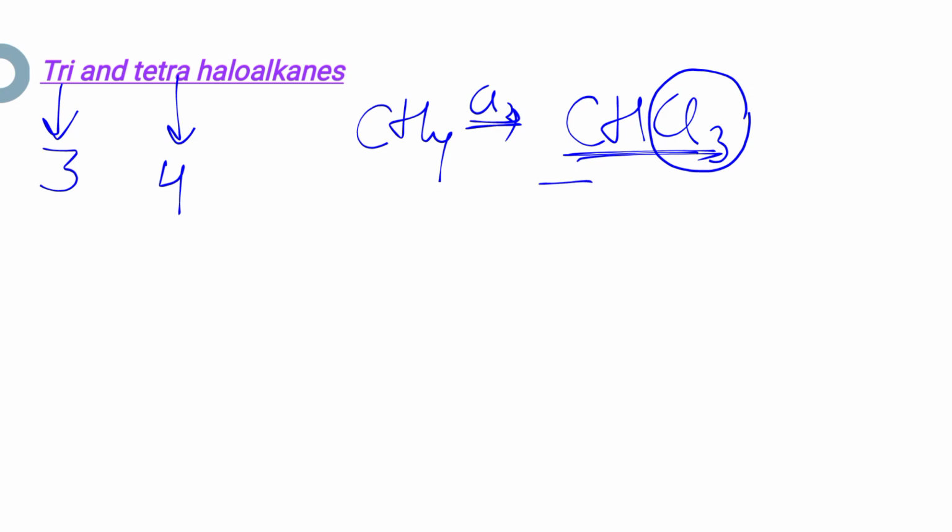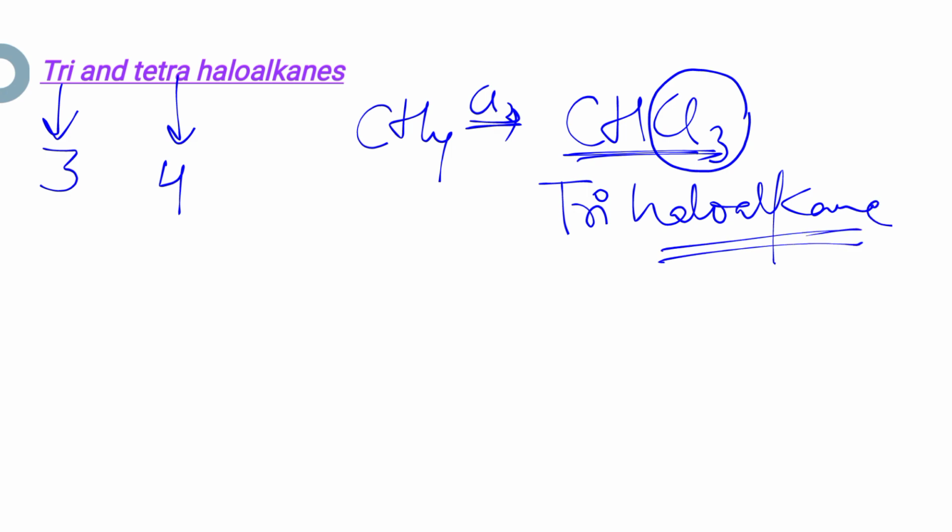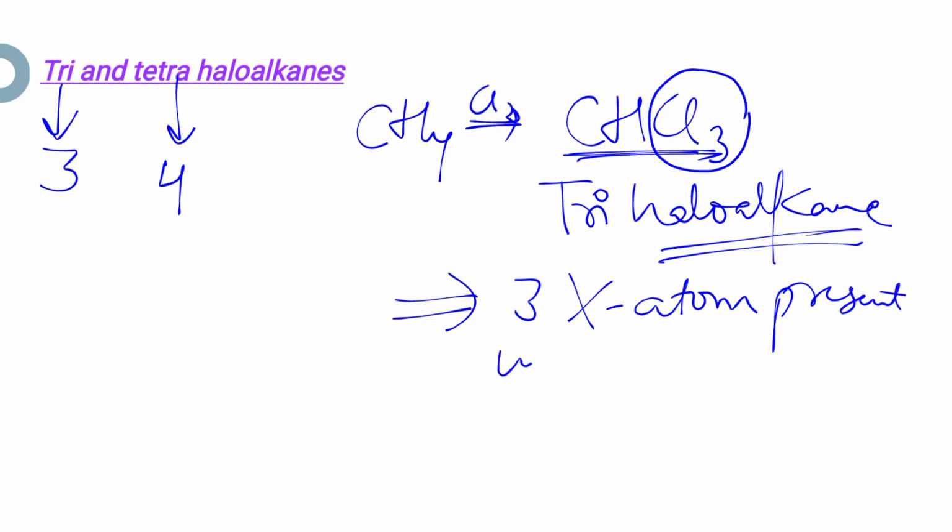That's why it is a trihaloalkane. In easy words, if there are three halogen atoms present in a carbon chain, then this should be known as a trihaloalkane.